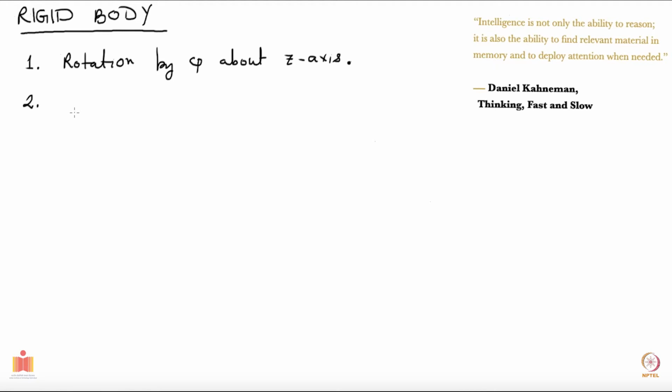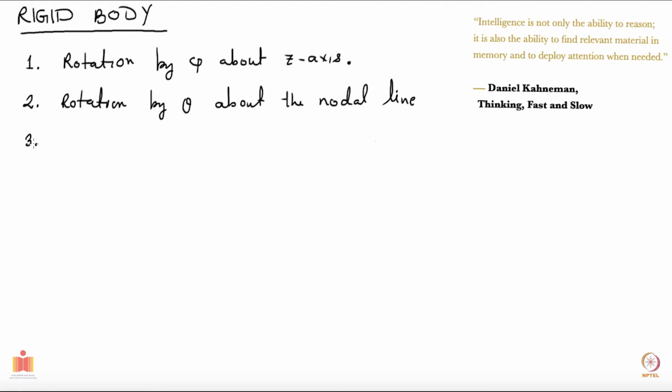Okay, then second is do a rotation by theta about the nodal line. Third, so at this stage what has happened is you have already brought your z-axis to its final destination, right?